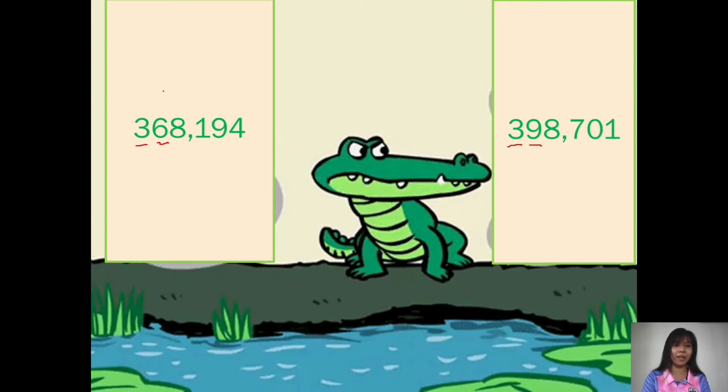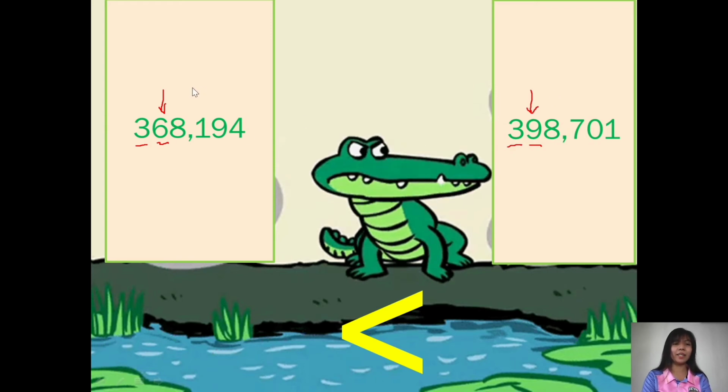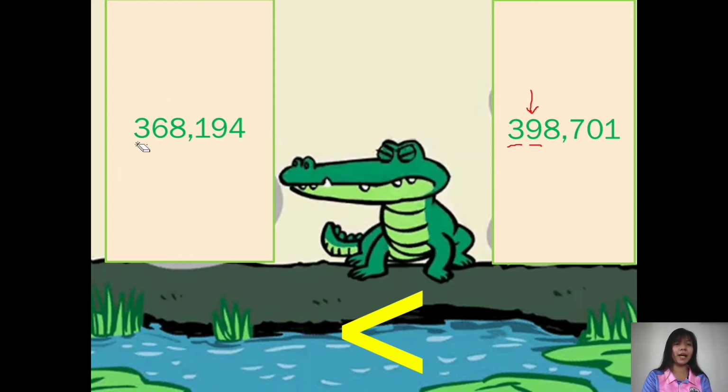No. So let's stop there. So 6 here, and then 9. Which one is the bigger number? On which number will the crocodile open his mouth? On this side, because the number 9 is bigger. Now let's read: 368,194 is less than 398,701.